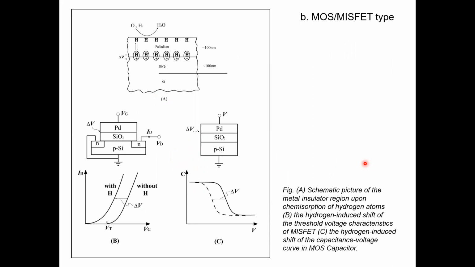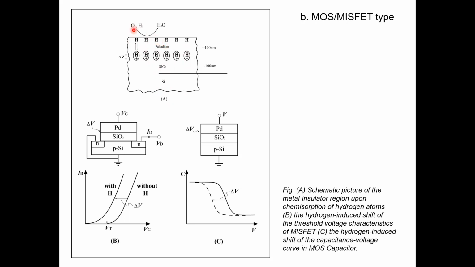The other type of junction-based sensor is the metal oxide semiconductor or metal insulator semiconductor and field effect transistor platform. So if you look at the mechanistic approach, you're using a sensor based on a silicon semiconductor with an insulating silicon dioxide layer and a palladium metal on top of it.